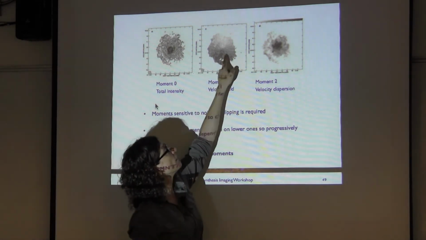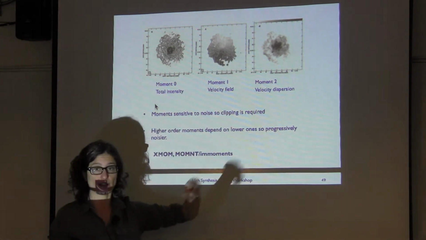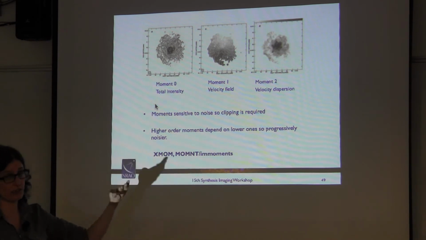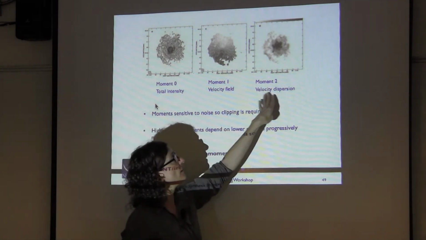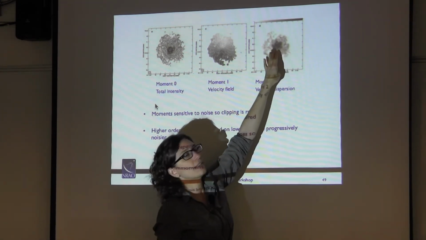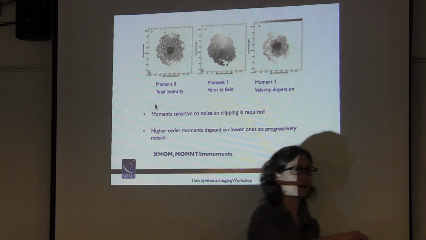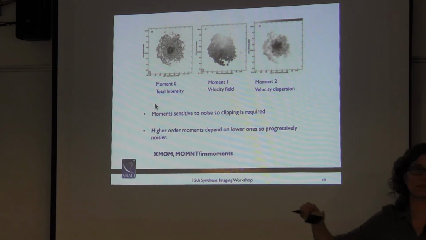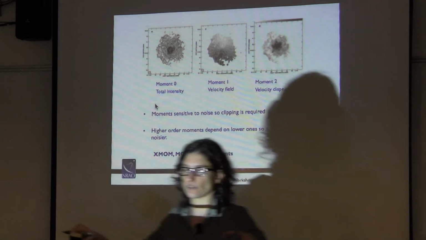So you can see there is one part of the disk that is blue shifted with respect to the mean, and the other part is red shifted. And finally, this is the velocity dispersion of the gas. Here you can see that the gas at the center of the galaxy has more velocity dispersion than the gas in the outer parts of the disk.